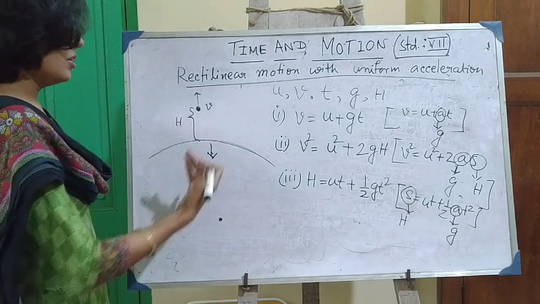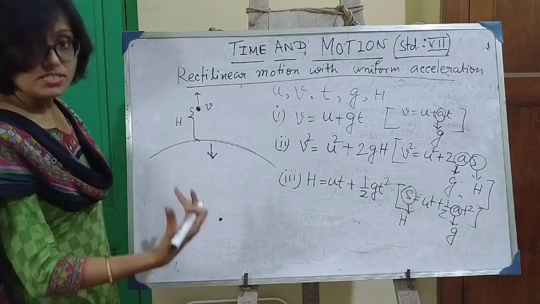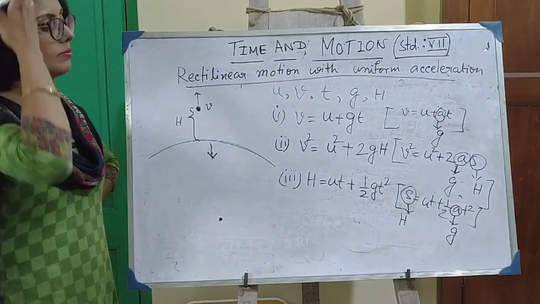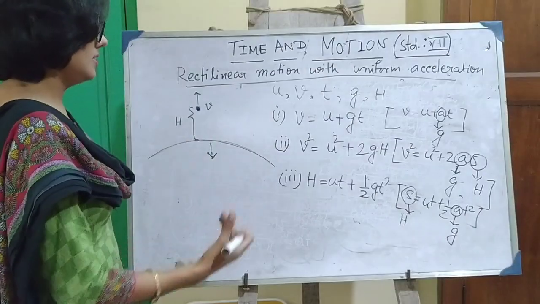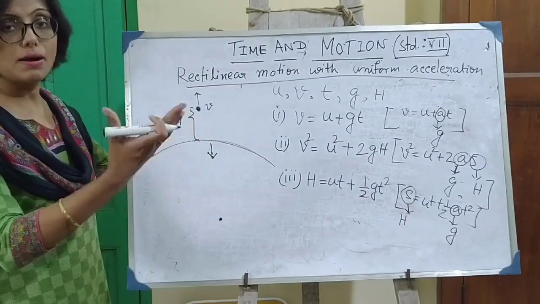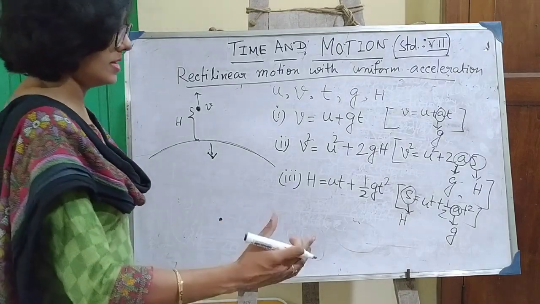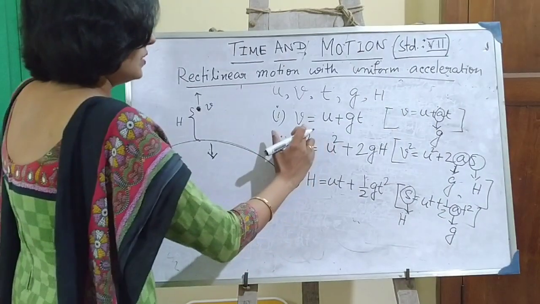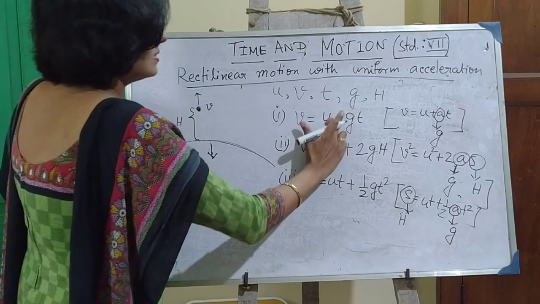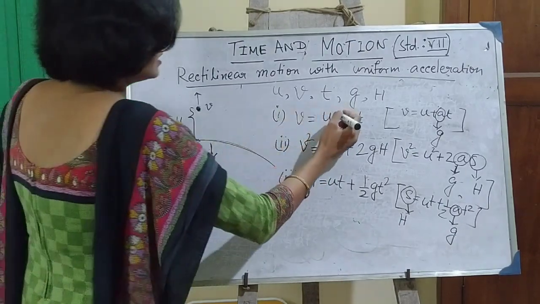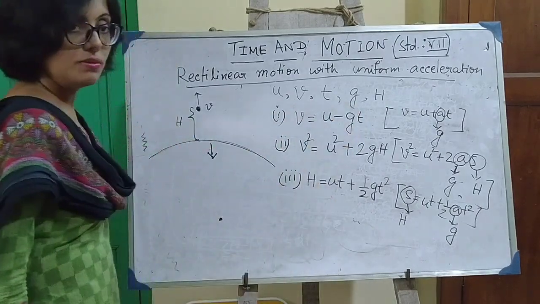So for this type of motion, when the body is moving with uniform deceleration in the vertically upward direction, the equations of motion of the body are v is equal to u minus gt. Instead of plus g, we shall use here the minus g, negative sign.